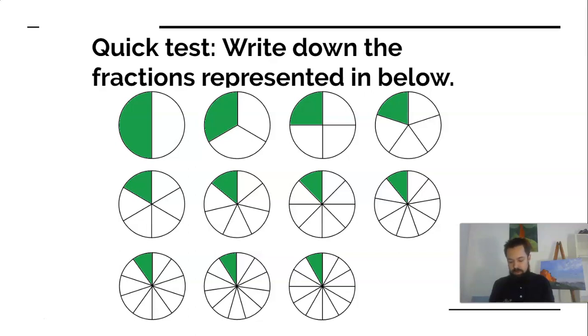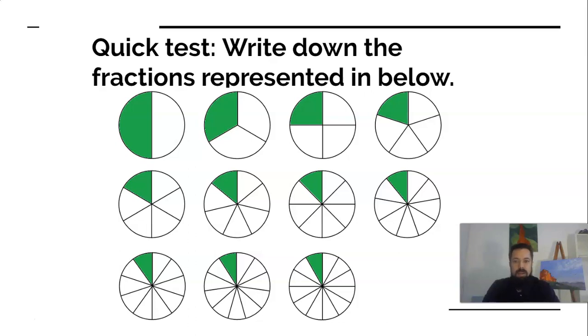I think another 2 minutes should do it. One more minute, and if you are stuck, just remember to find the denominator, the number on the bottom.